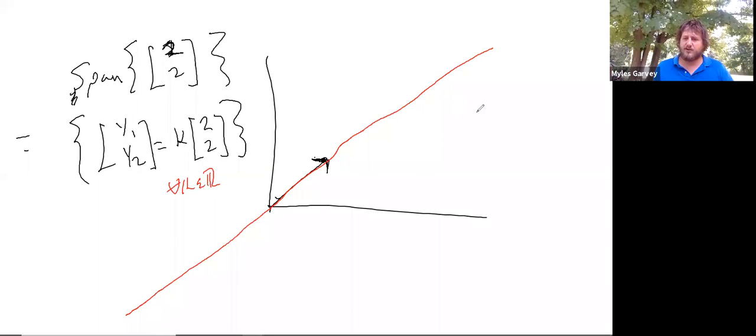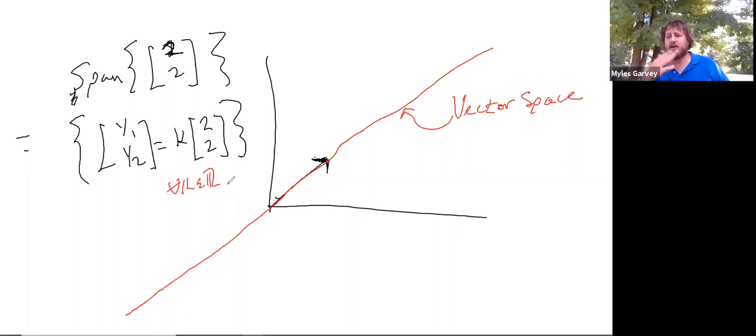As it turns out, the line is a vector space because it's a collection of vectors such that when I add them together, I get another vector back in the space, and when I take scalar multiples, I get vectors also back in the space. You'll notice, however, that there are some points that are not in the vector space.